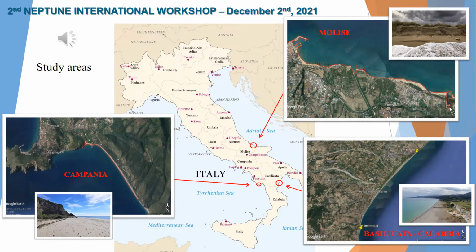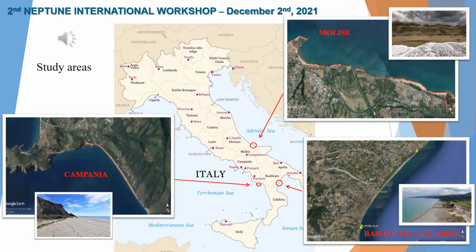On the basis of the study of literature, cartography, and other pre-existing data during the first part of the first year, we selected the coastal areas to be investigated and examined all available data to ascertain the state of knowledge. The selected areas are 5 to 10 kilometers long coastal segments, located respectively along the Molise, Calabria-Lucania, and Campanian coasts.